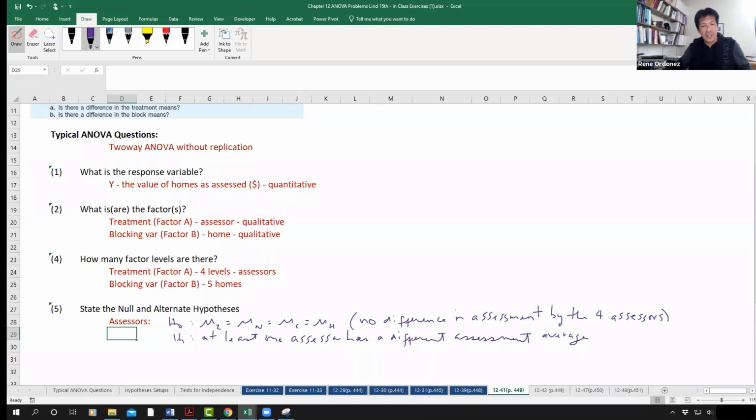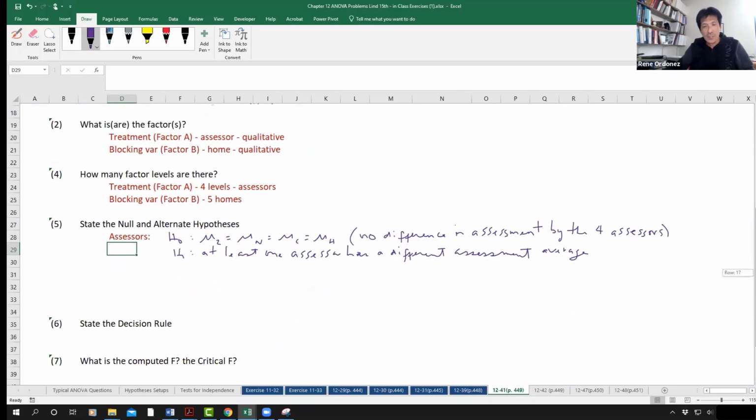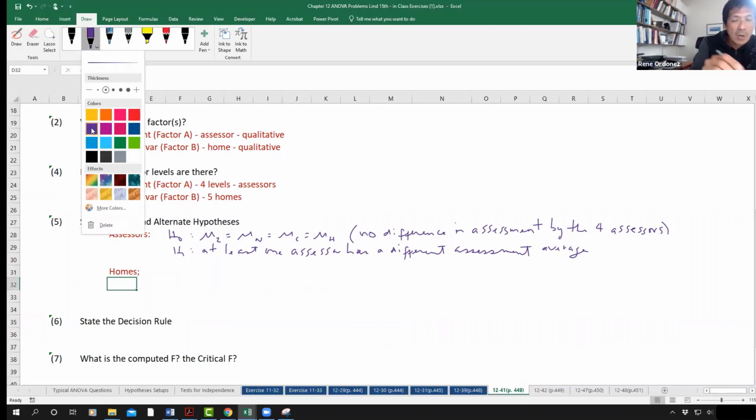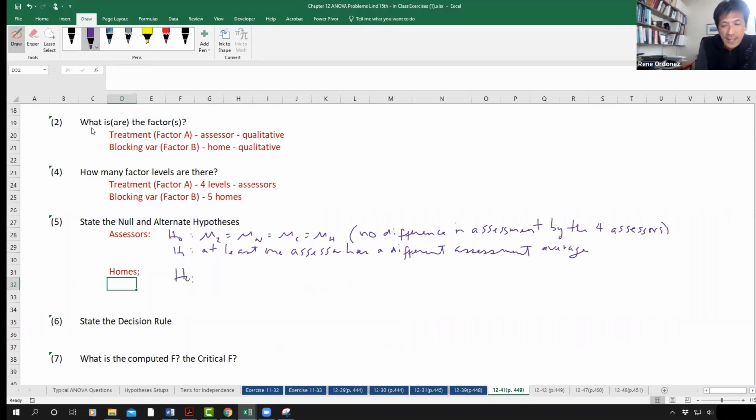In the same manner, when we look at the different homes, the 5 different homes, we would want the averages to be the same also regardless of the assessor. So the null hypothesis would say that the average assessment of home A is equal to the average assessment of home B is equal to the average assessment of home E. Okay?